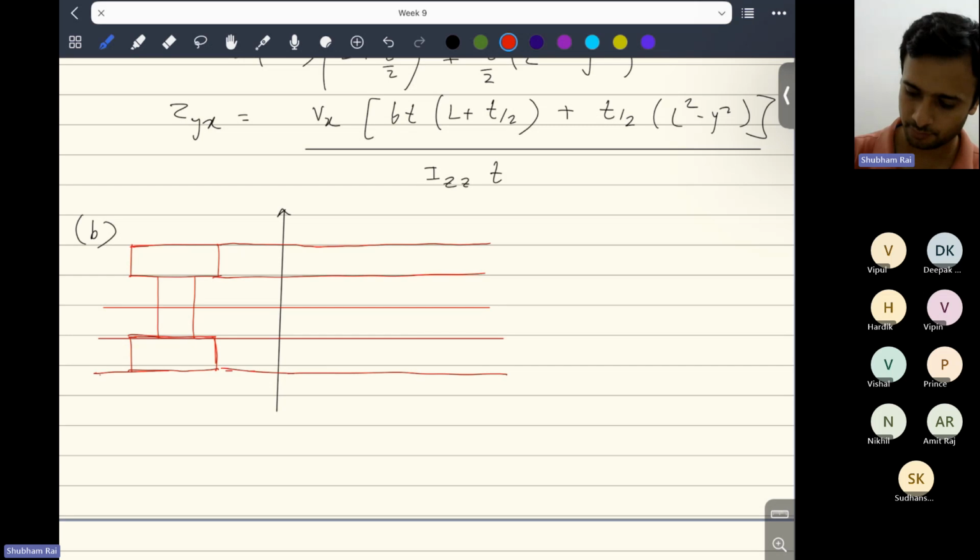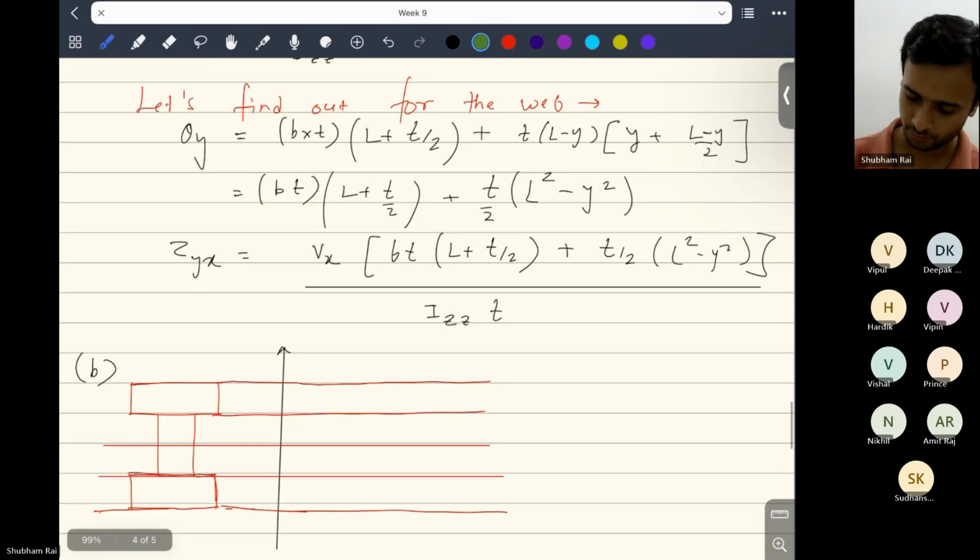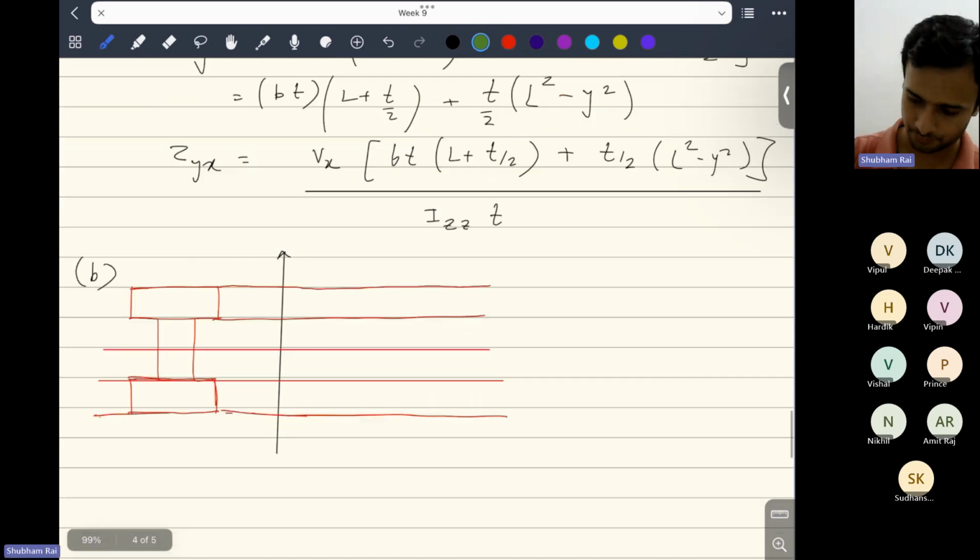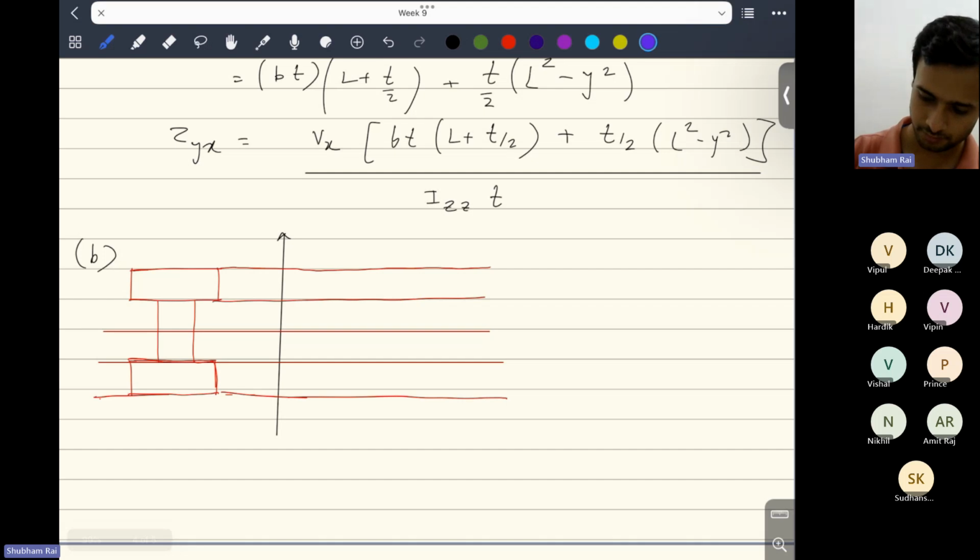And if we plot the variation, again, let me just write. So this is T, and this is L, and this is L, and this is T.